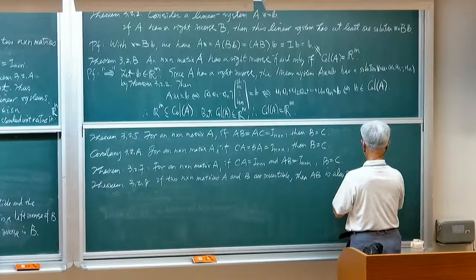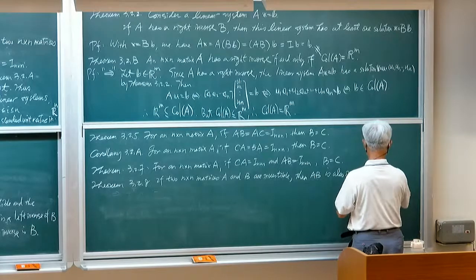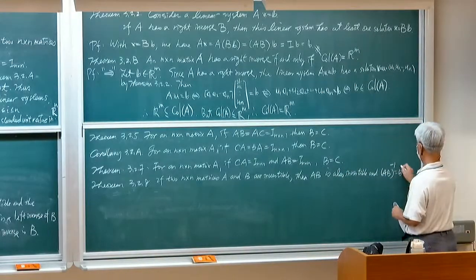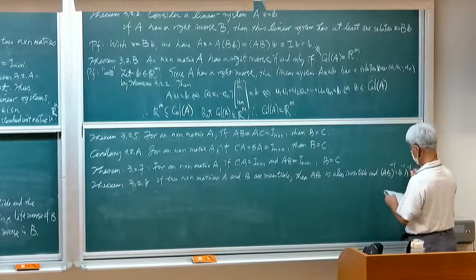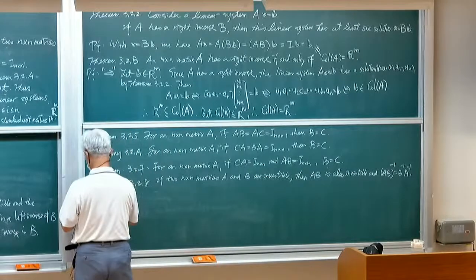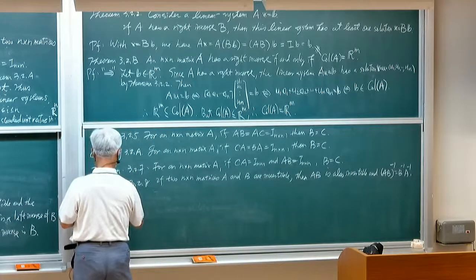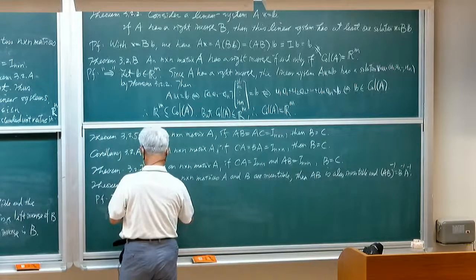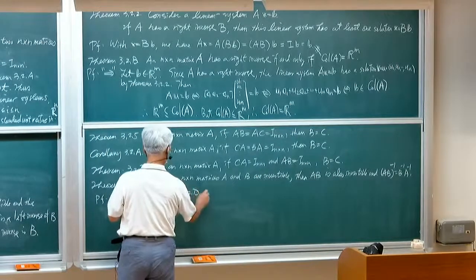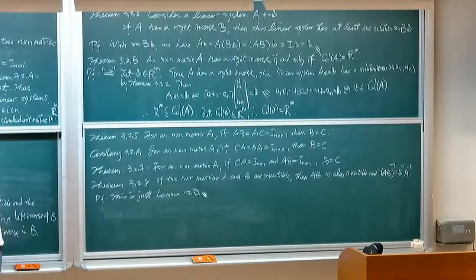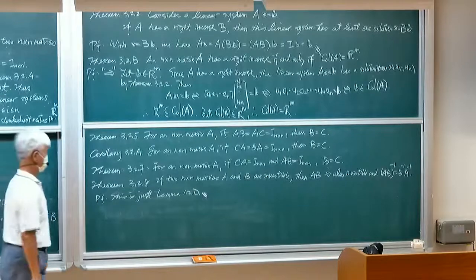And its inverse, the inverse of A times B, is B inverse multiplied with A inverse. We proved that before, so this is just Lemma 1.24D that we mentioned in chapter 1.